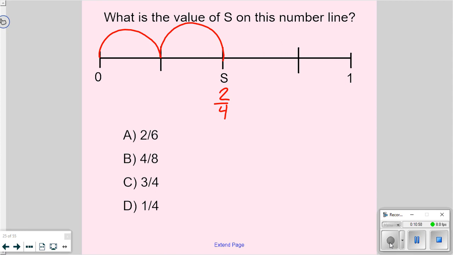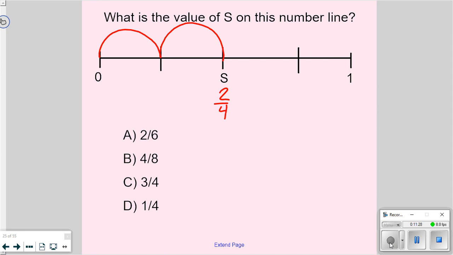Because 2/4 and 4/8 are equivalent. This question tricks third graders every single year. And not because you guys don't know. Every single year you figure it out and you're like, oh, it's 2/4. And then you look at those answer choices and you're like, what the what? Don't get tricked.